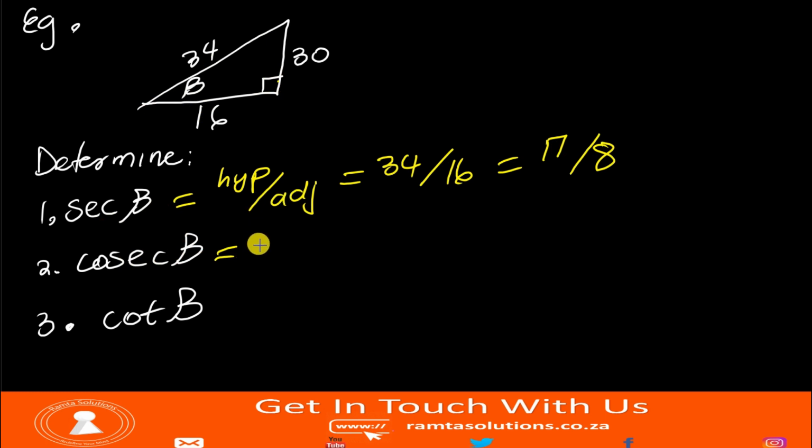Now cosec beta is the reciprocal of sine, meaning it will be hypotenuse over opposite. Remember, sine was opposite over hypotenuse.